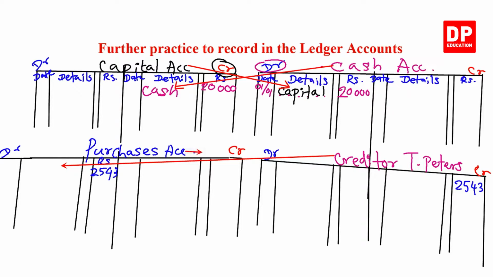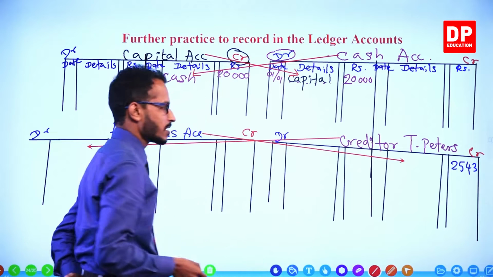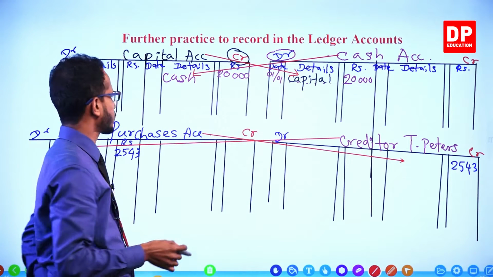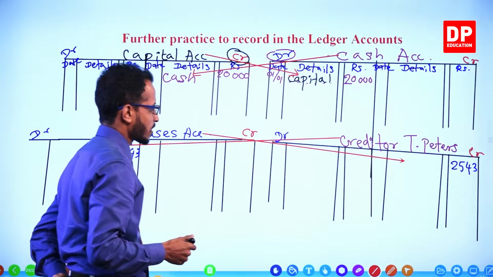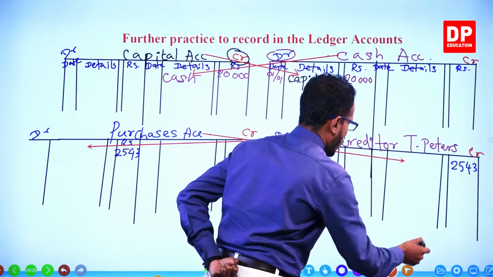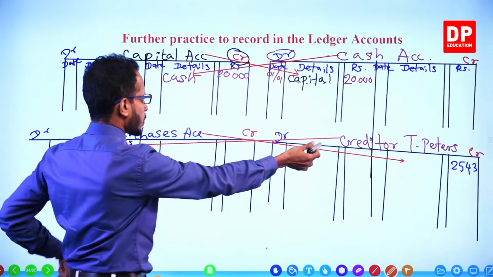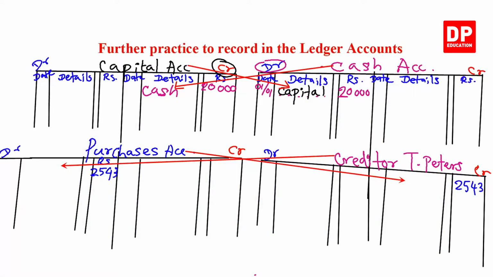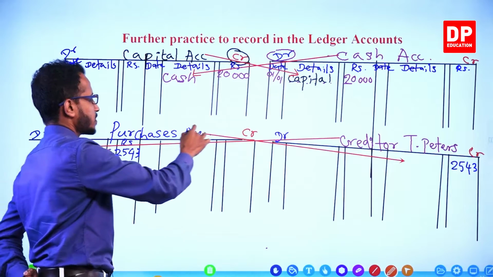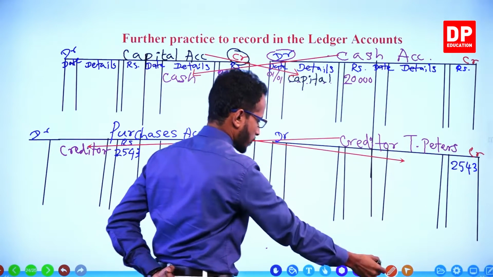This name goes here. Crossing the names. Okie dokie. That's it. Creditor should be written here. Purchases should be written here.